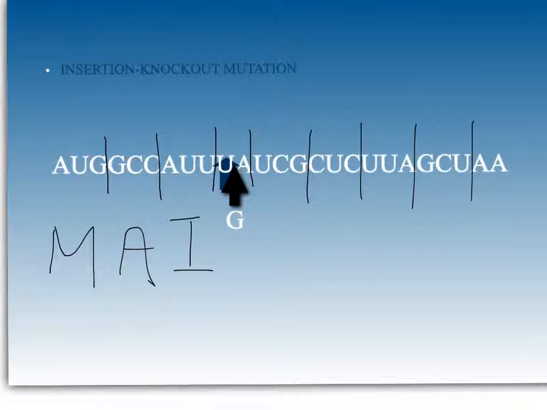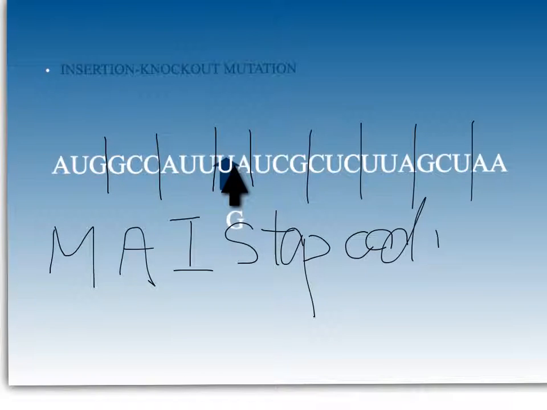UGA is actually a stop codon, which means the amino acid chain stops right here. And all this after does not matter because it stopped. This is known as a knockout mutation. It cuts off the amino acid chain very suddenly.